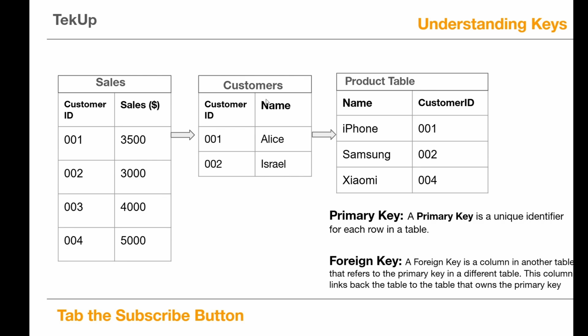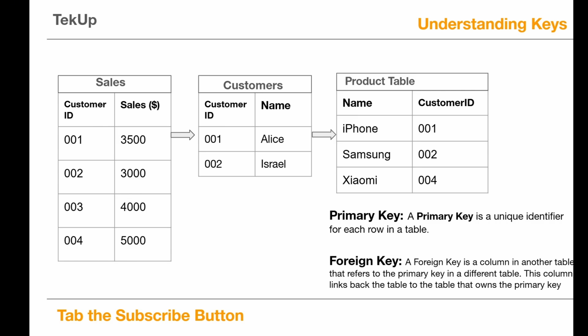So the only information we have here are the customer ID, customer name, customer location, customer marital status, customer education level, and so forth. Every piece of information in this customer table must be directly related to the customer. So in this customer table, the customer ID is the primary key because it originally belongs to this table.